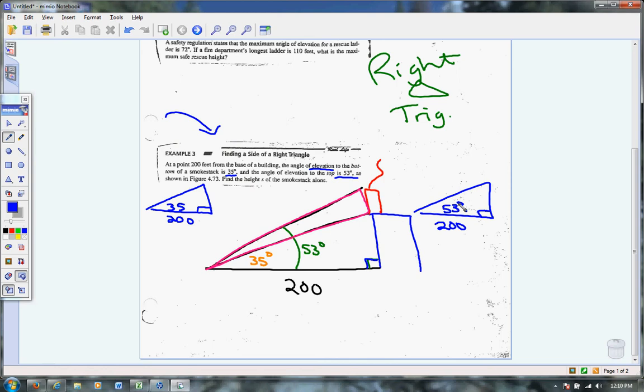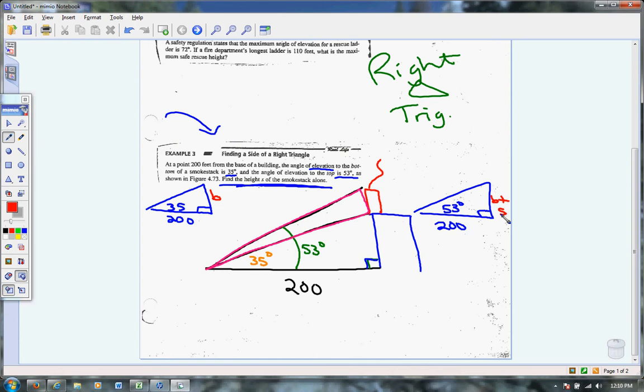Now, what you need to know is that we are trying to find the height of the smokestack. So this 35-degree triangle is going to give me B, the building height. Just the building. Over here, it's going to give me the building plus the smokestack. I'll put an S for smokestack.